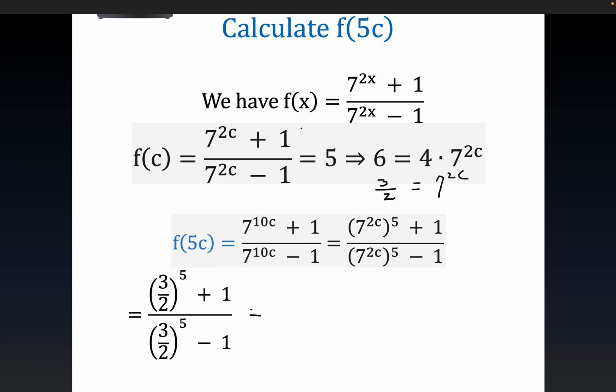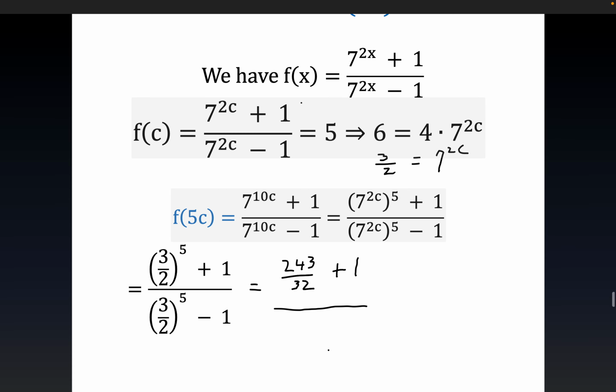And what do we end up with? 3 to the 5th is 243, so you would have 243 over 32 plus 1 on top. And then downstairs, very similarly, you would have 243 over 32 minus 1.